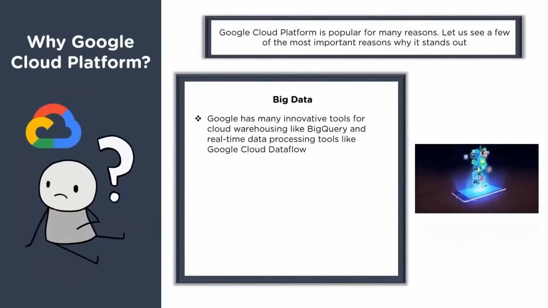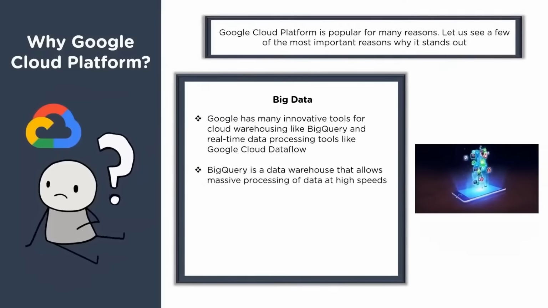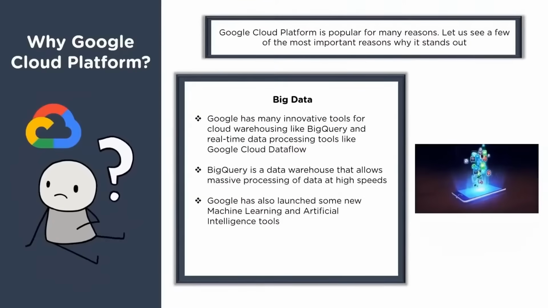So if an organization is working on big data, Google Cloud can be a better choice because Google has many innovative tools, for cloud warehousing for example, such as BigQuery, and even real-time data processing tools such as Dataflow. BigQuery is a data warehouse that allows massive processing of data at high speeds, basically working on your structured data. Google has also launched some new machine learning and artificial intelligence tools.